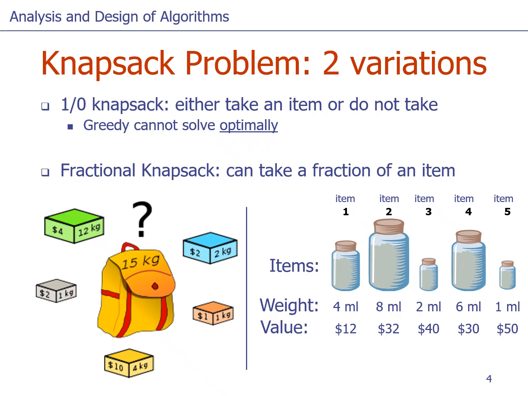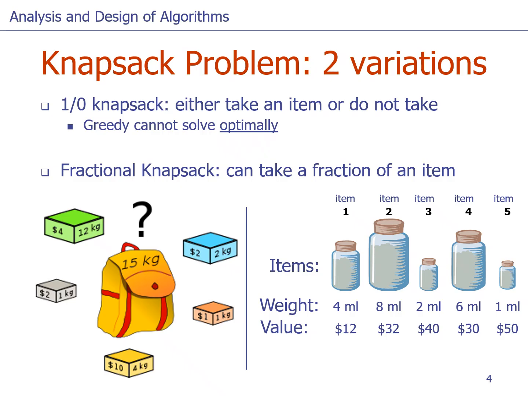What you have here, instead of solid blocks of weights, you have liquids, and you are going to take from each one of the bottles enough to fill in your container, which is going to be another bottle that doesn't show up here.